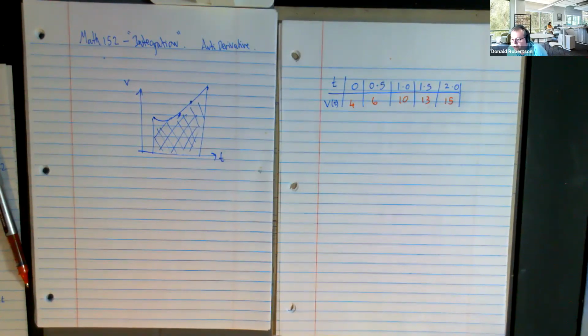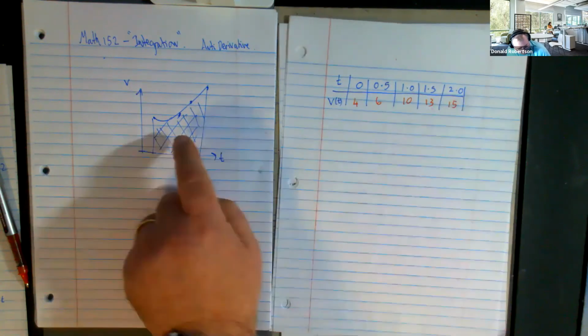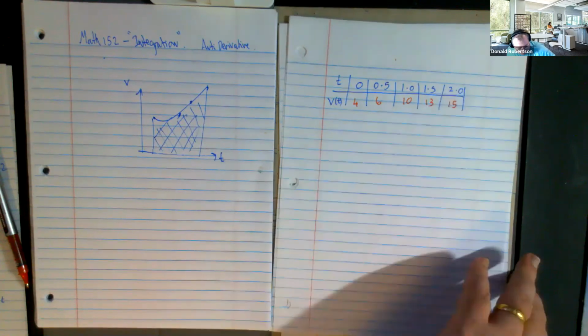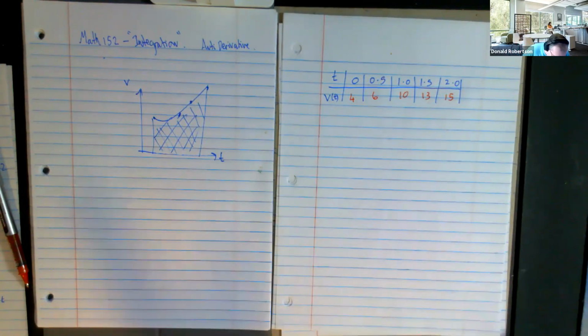What do you calculate when you do the area under a velocity time? None of you done it? You calculate the distance. So the area under a velocity time curve, and this table is basically the numbers that you're going to use, will give you an estimate for the distance. So let's have a look at this guy.